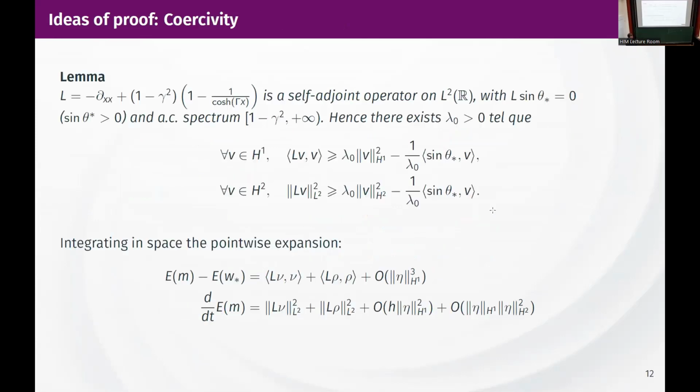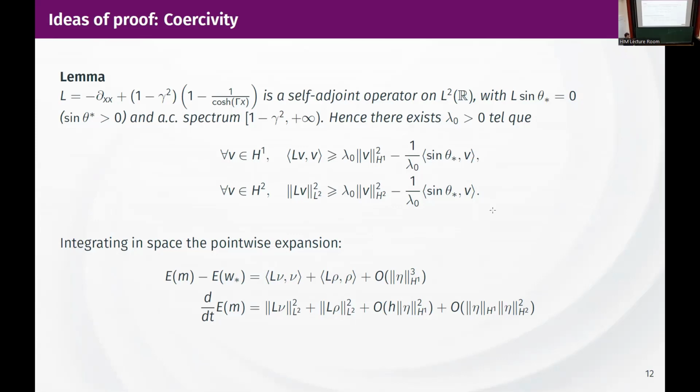Okay, and so obviously we have to study this linear operator L, and well, it's 1D, so it's pretty easy. Actually, I think it's a well-known operator in Schrodinger theory. It has one element in the kernel which is explicit and which is positive.